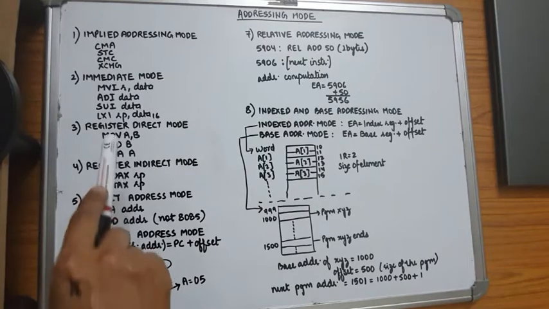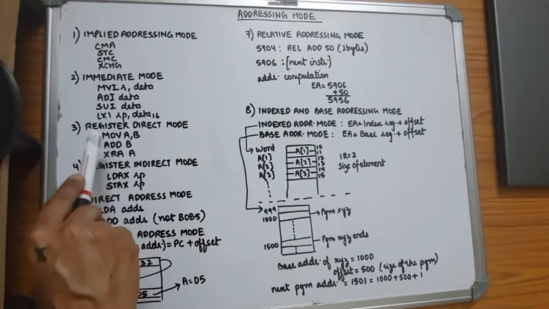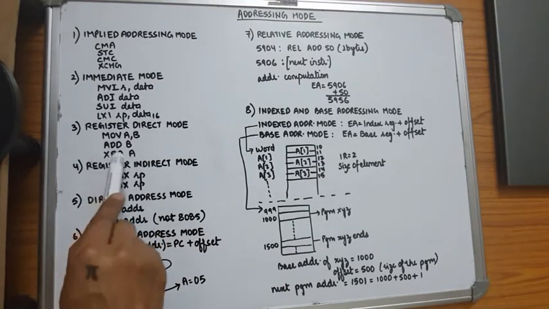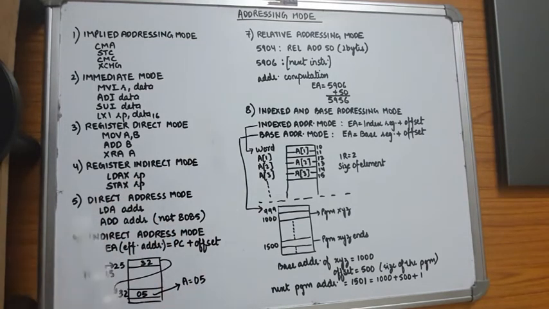ADD B: the address of the data is register B here. Add the contents of register B to the contents of the accumulator, storing the result in the accumulator. XRA A: XOR the contents of the accumulator with the contents of the accumulator, storing the result back in the accumulator.